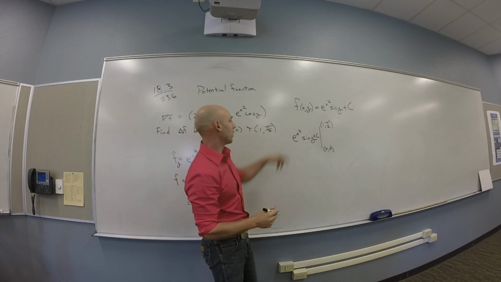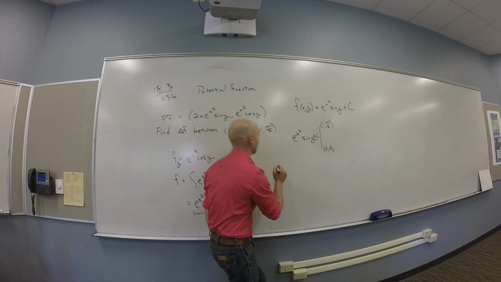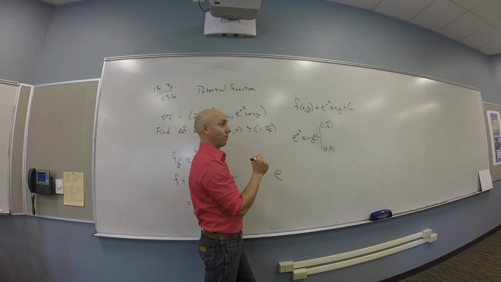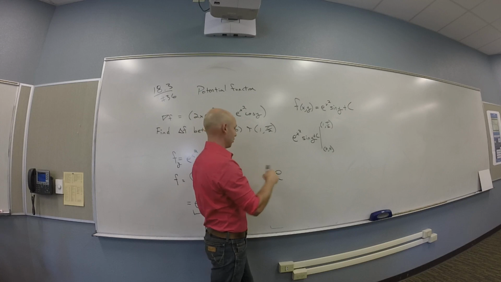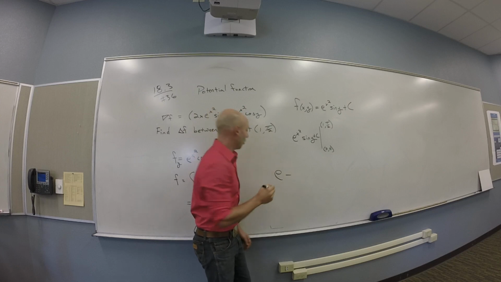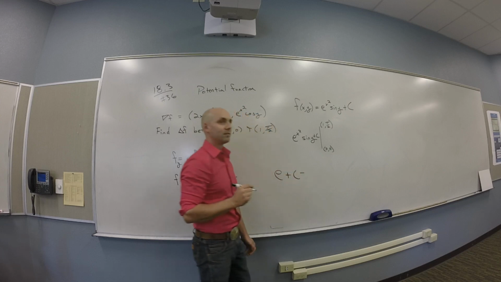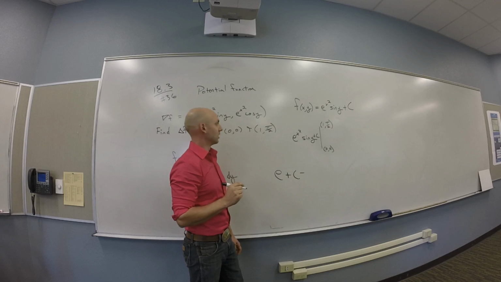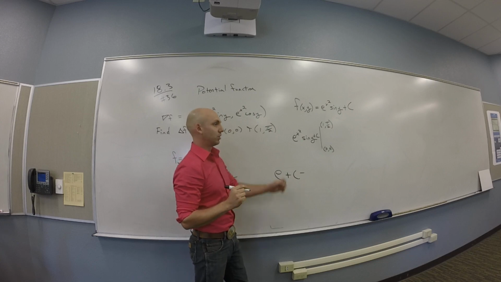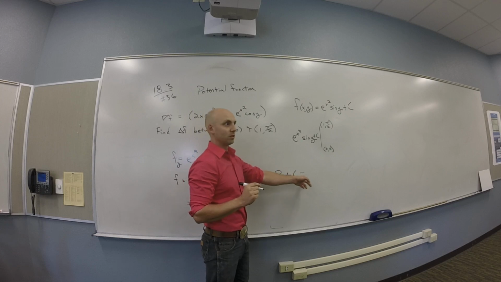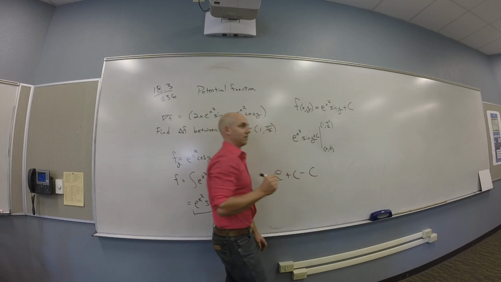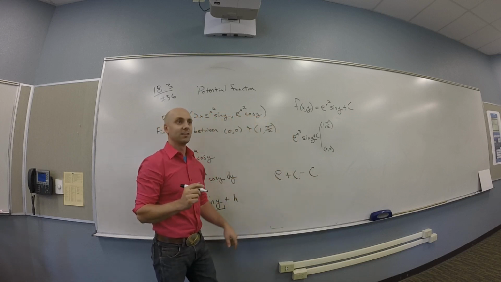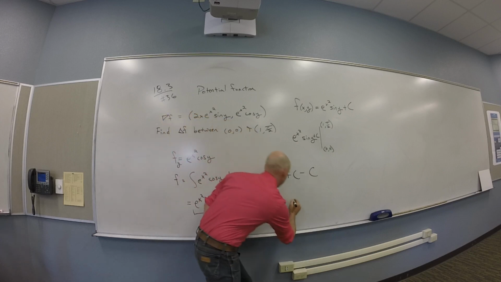So once you plug your numbers in here, you get e to the 1 times, what's the sine of pi over 2? One. So e plus c minus, and then you plug in 0, 0. So 1 times 0 is 0 plus c. So you get plus c minus c. So you get out of this e.